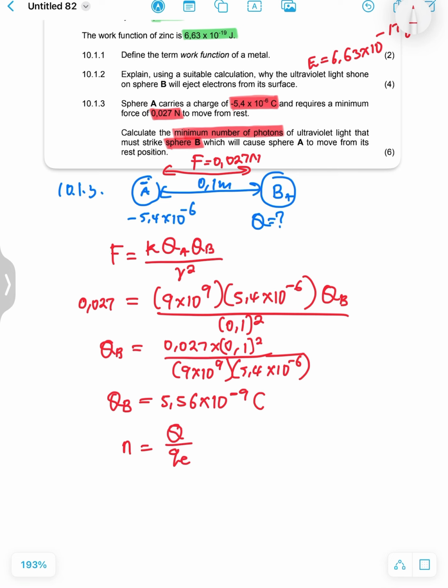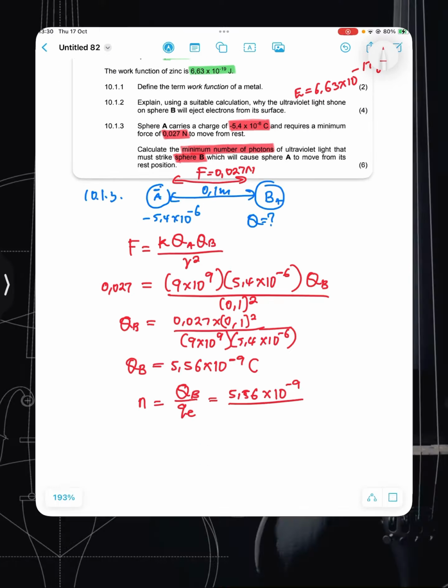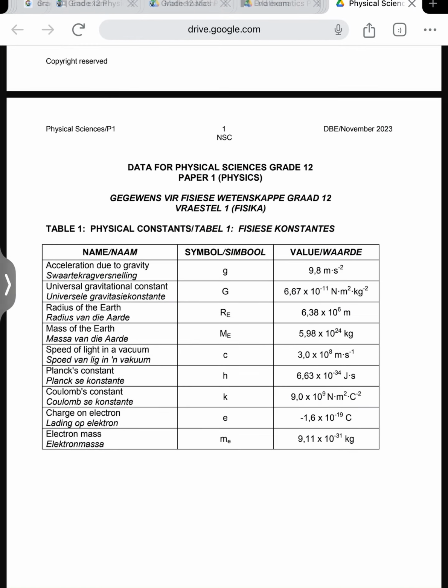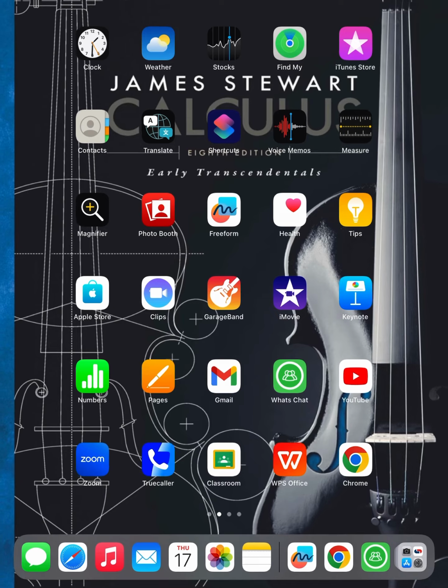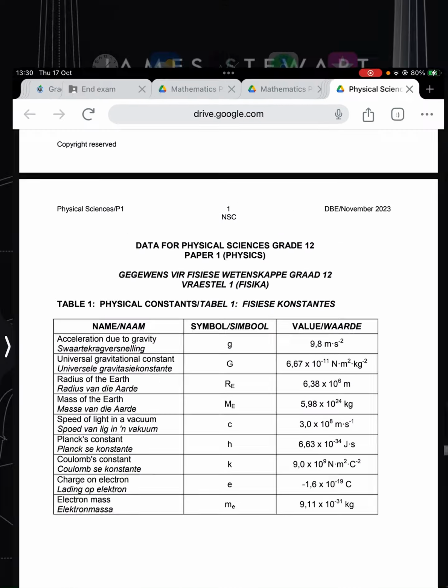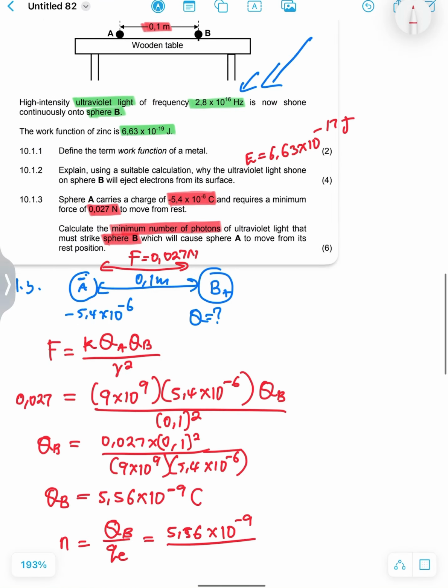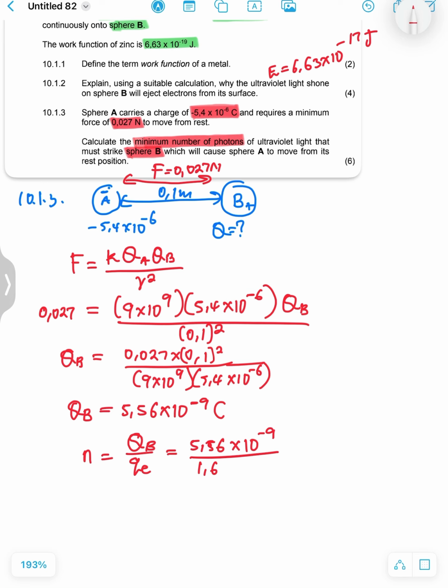The charge of B we got as 5.56 times 10 to the power of -9, divided by the charge of an electron, which should be in your formula sheet, and in this case is -1.6 times 10 to the power of -19.